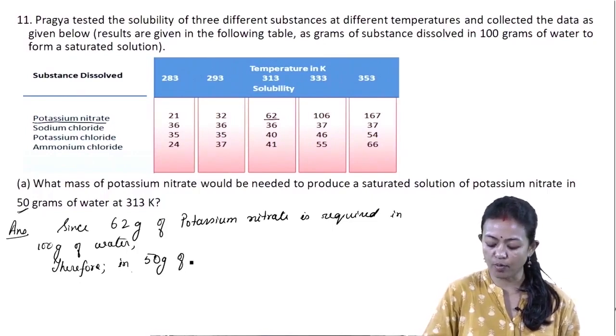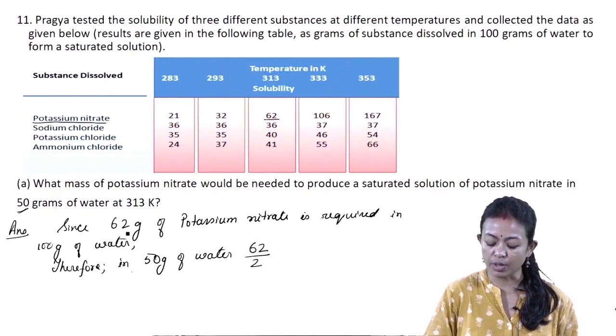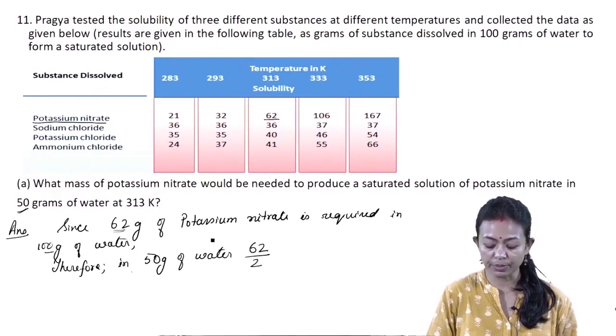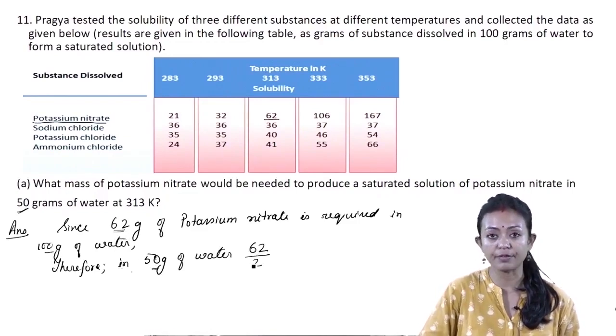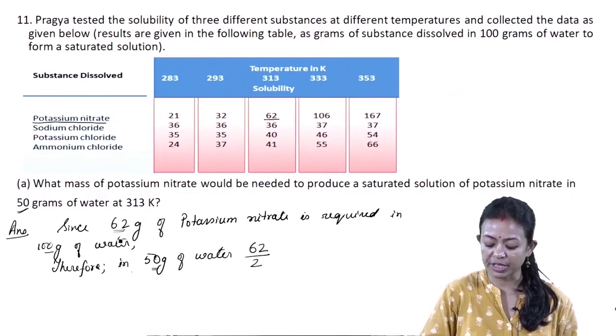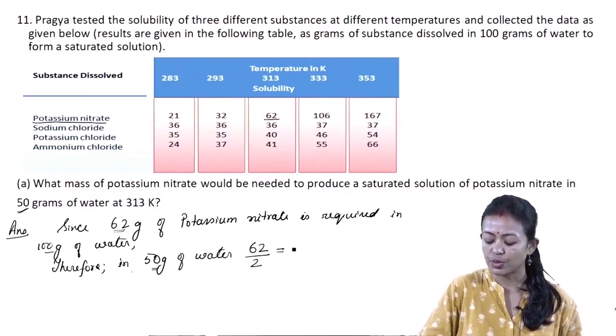In 50 gram of water, it is going to be 62 divided by 2. Why 62 divided by 2? Because for 100 grams, if it is 62 grams of potassium nitrate, then in 50 gram, which is half of 100 gram, it is going to be half the amount of potassium nitrate that has been used up in 100 grams of water. So in 50 gram, we are going to take half of it, that is 62 divided by 2, which gives us 31 gram.